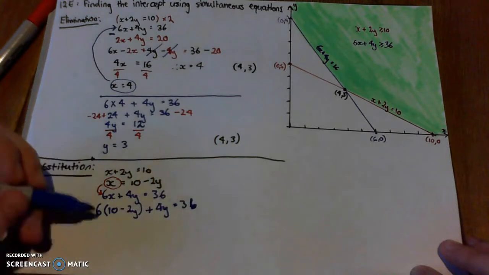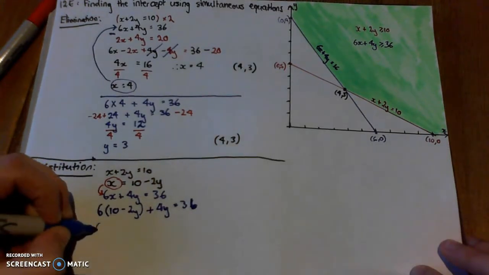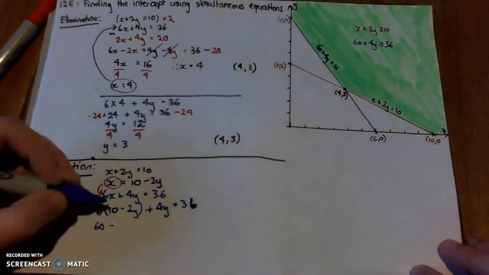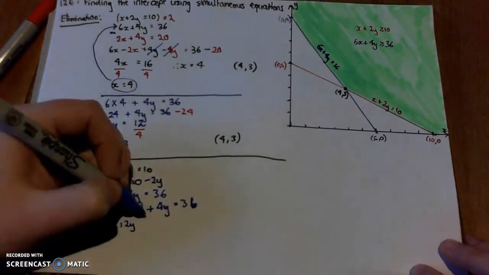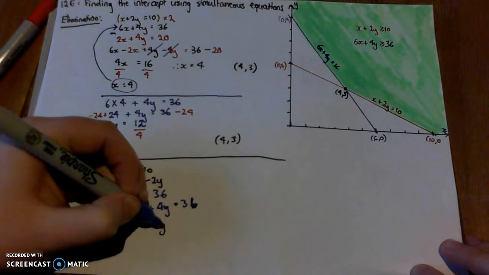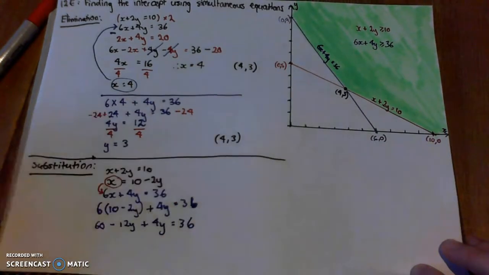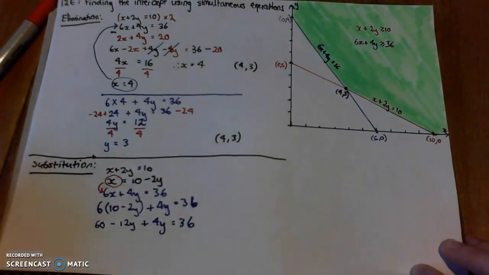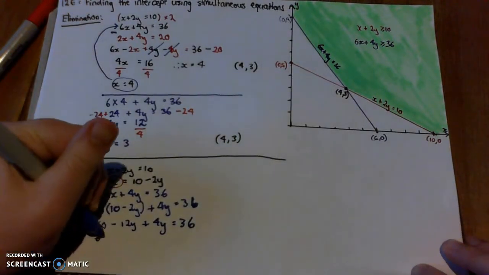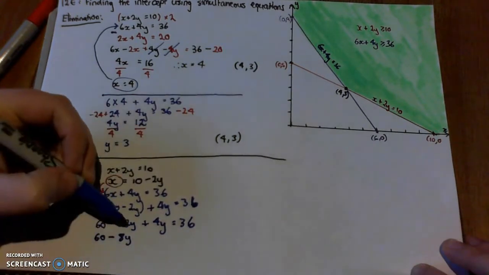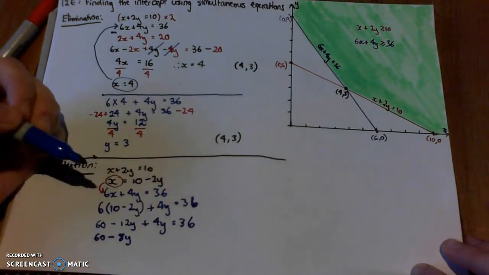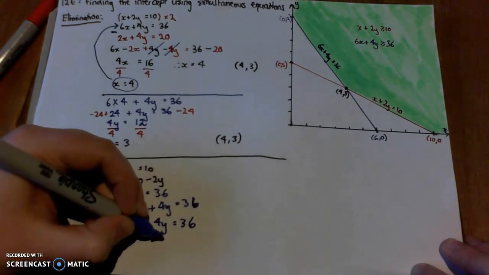Now we expand the brackets. So 6 times 10, 60, minus 6 times 2y, 12y, plus 4y is 36. We can now simplify this even more, and we can say 60 minus 8y, we've just added these two together, is equal to 36.